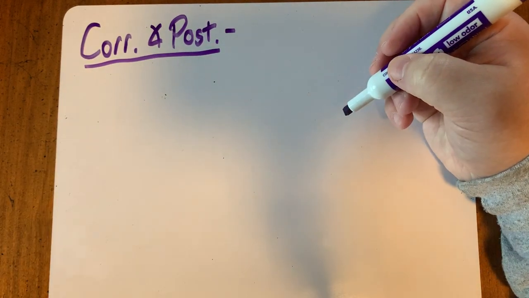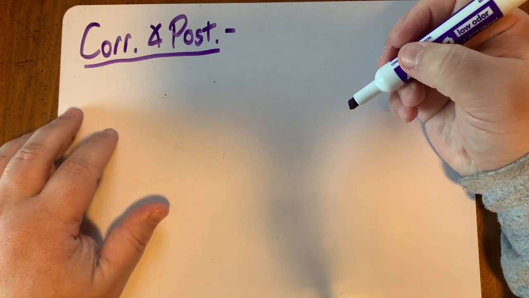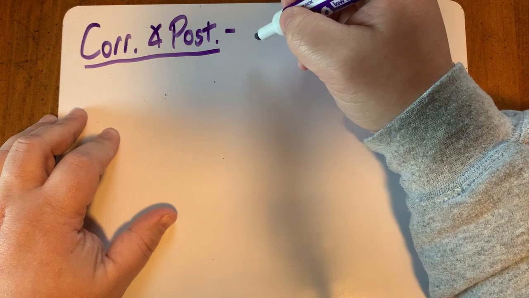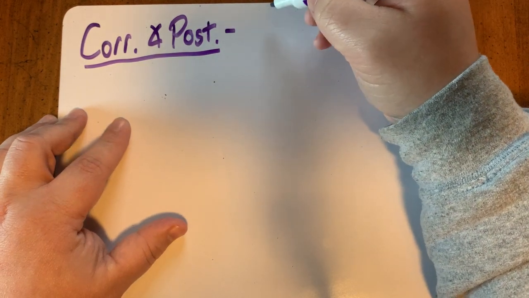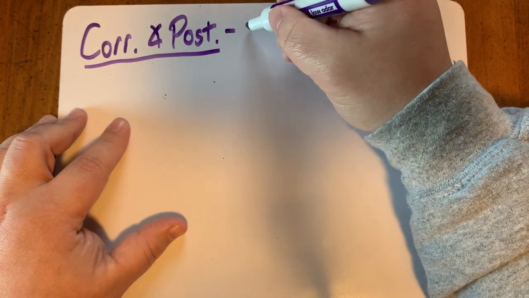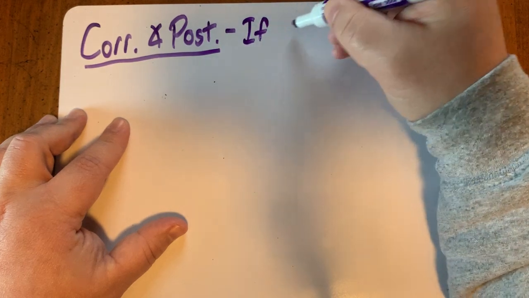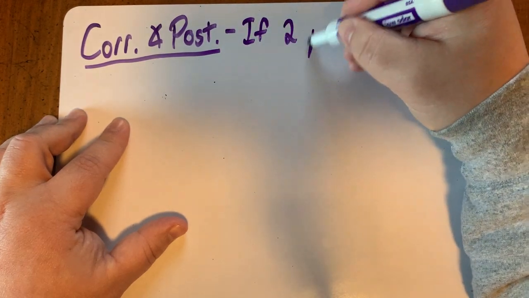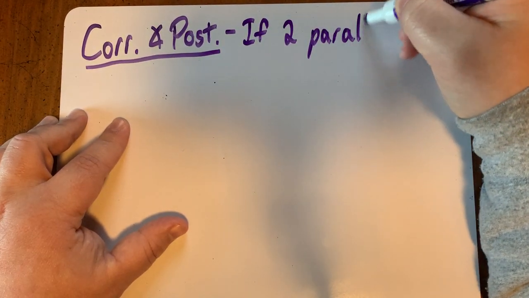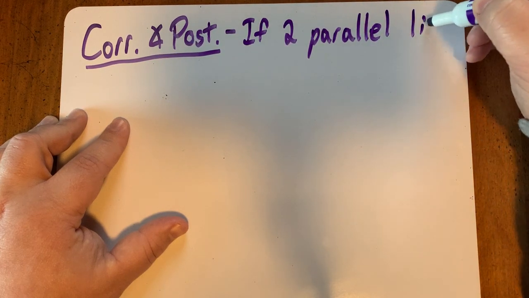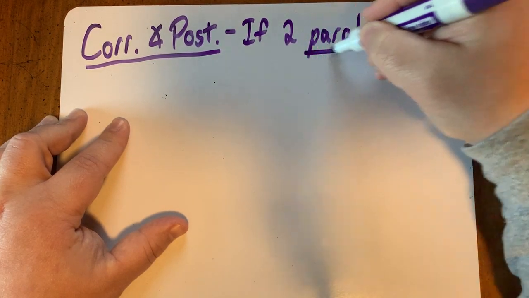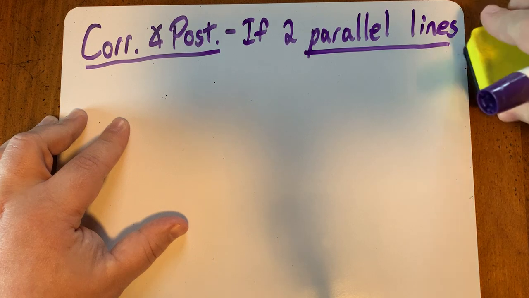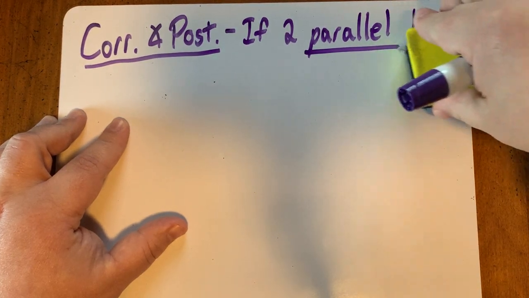And I already wrote out corresponding angles on a previous whiteboard, so you guys saw what it looks like. So the corresponding angles postulate says if two parallel lines are cut by a transversal. Very important that it's parallel. I don't need to underline the lines.